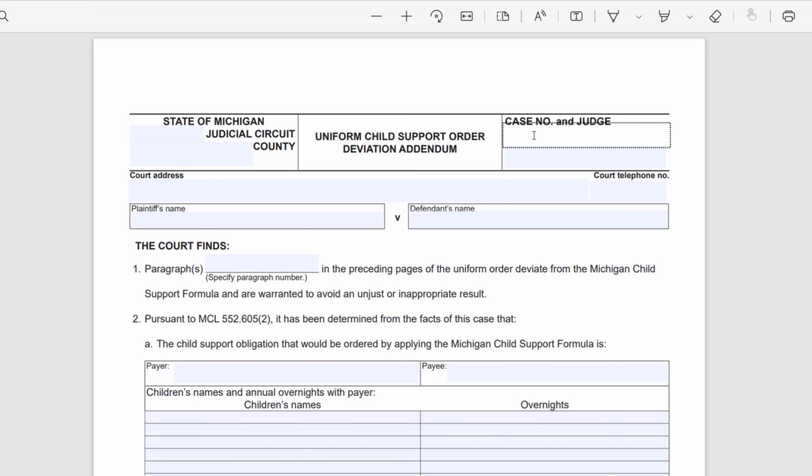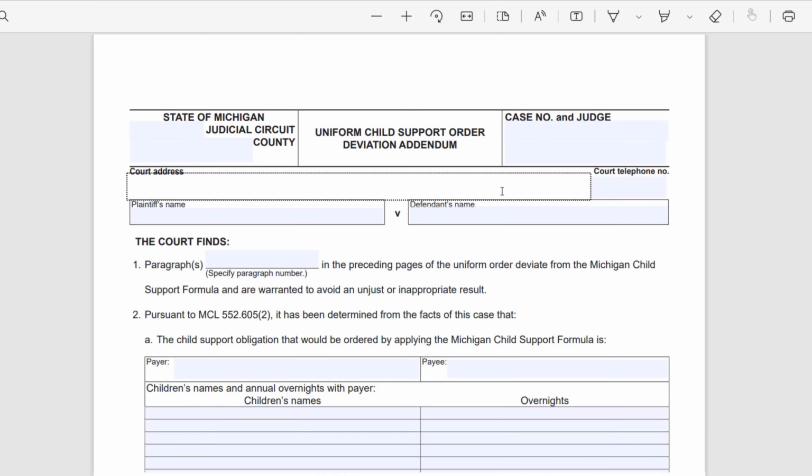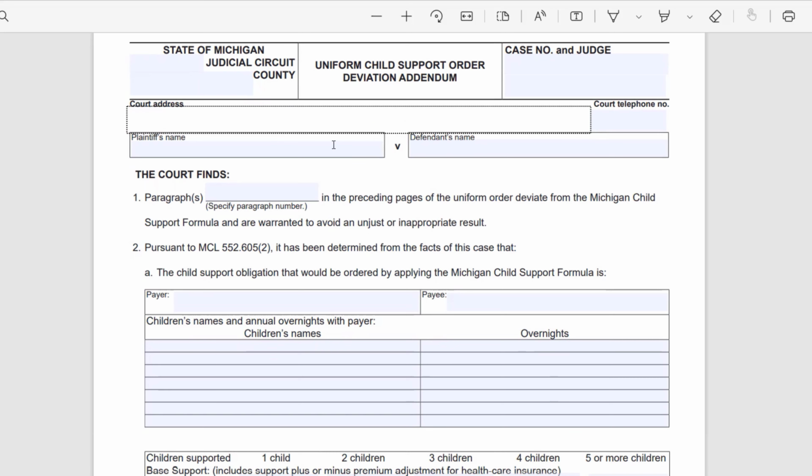That's usually going to start with a year and end with a suffix like DM, DP, DS, DC, or DZ. And then you're going to put the judge. Here you've got your court address and your court telephone number. And then we're carrying over the same information from the Uniform Child Support Order for the plaintiff's and the defendant's names.